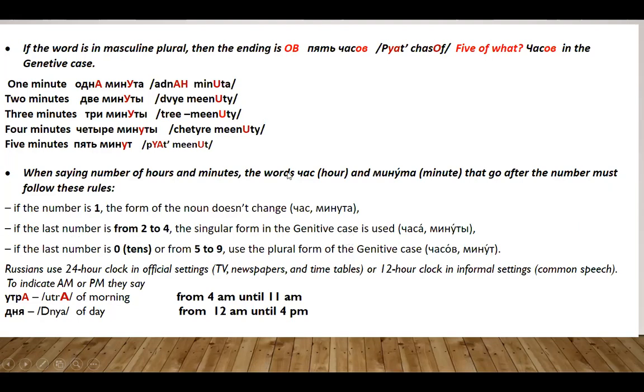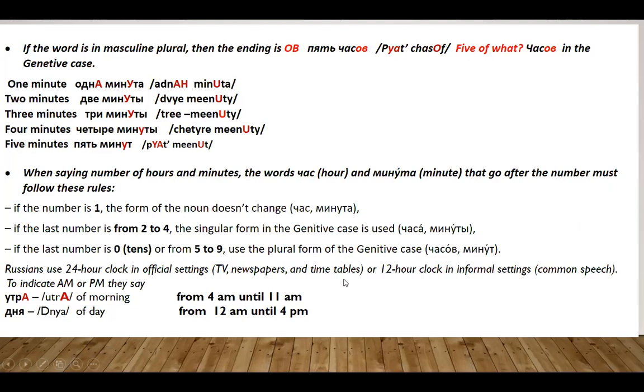Часа, минуты, like in this example, from 2 to 4, singular form of the word минута or час. But if we talk about numbers from 5 to 9, and the last number is tens, like 10, 20, 30, then we use plural form of the genitive case, часов or минут.